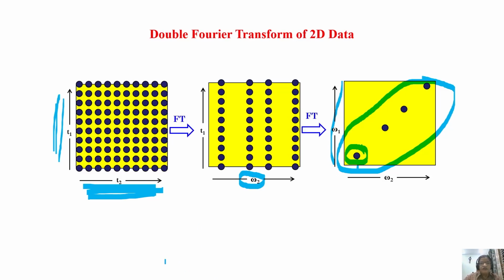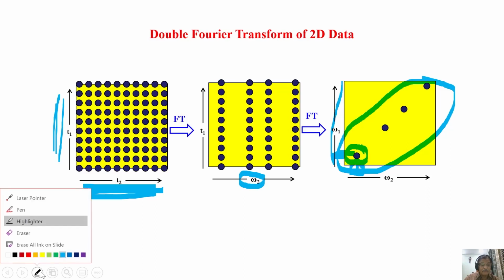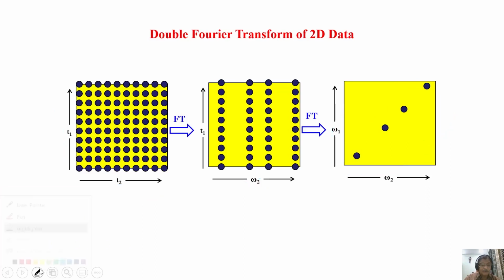So now you read the spectrum. If I come here, just look at this: in the omega 2 dimension, I have a frequency here. And the same peak, you go in this direction, in the omega 1 dimension, this is a frequency. So that means this peak has a particular frequency here in the omega 1 dimension, and it has a peak frequency here in the omega 2 dimension.